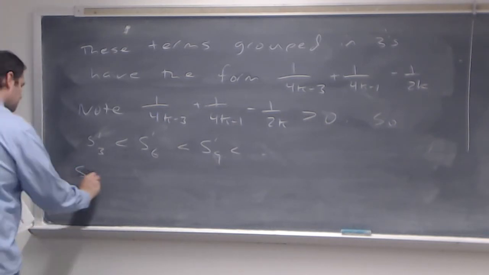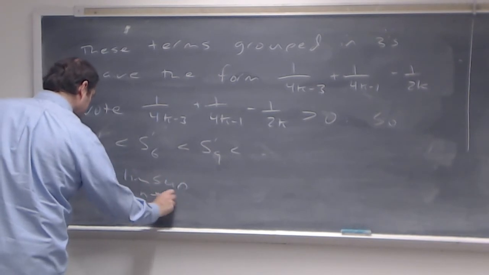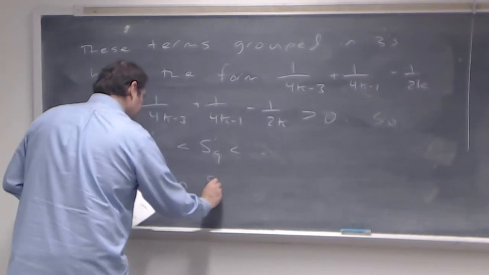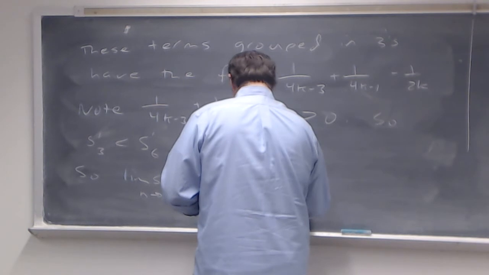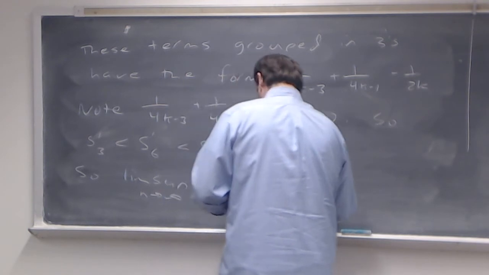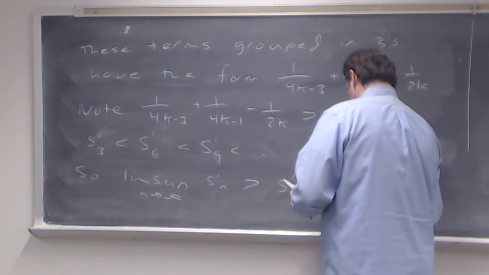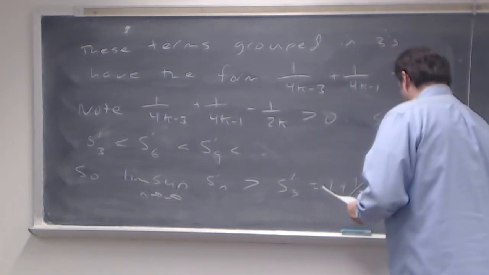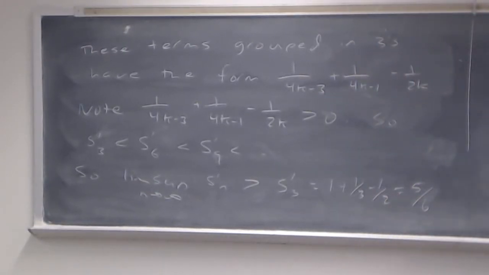And so the lim sup of S prime sub n, which we know will be greater than S prime sub 3, which is equal to 1 plus 1/3 minus 1/2, which is equal to 5/6. The lim sup of the S prime sub n's has to be greater than 5/6.